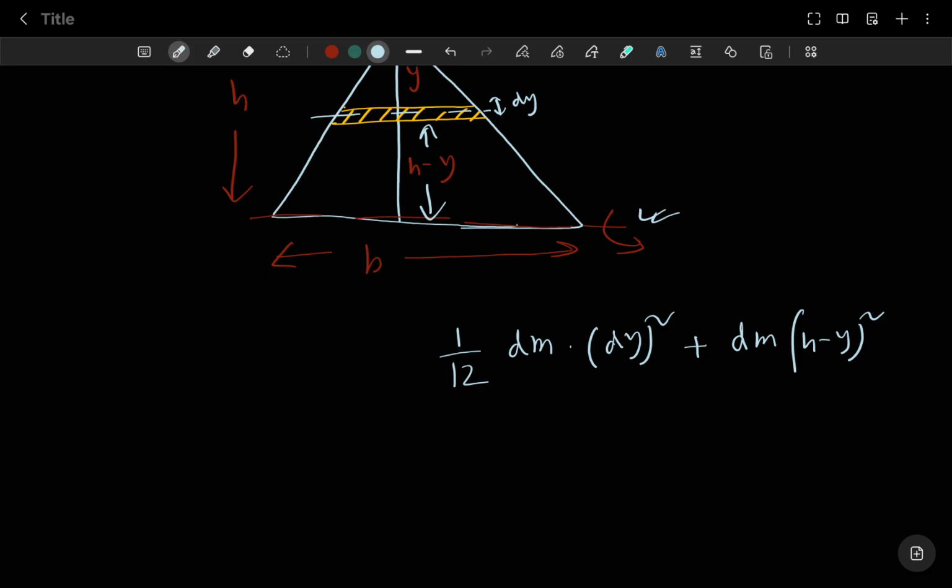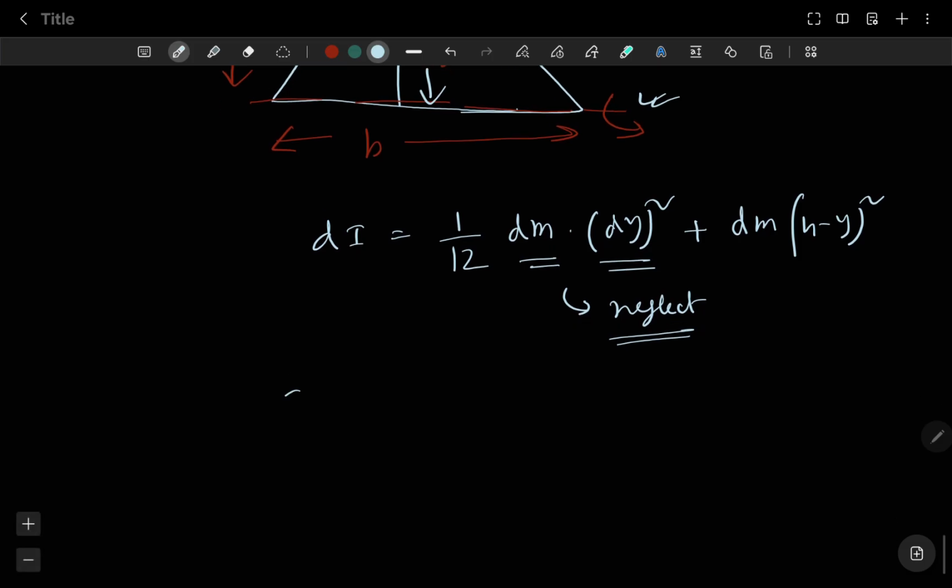So this is dI. Now dm is small and dy is small, so dy square is even smaller. So basically this product is a third order smallness, so we can safely neglect it. So ignoring it, the moment of inertia becomes dm into h minus y square.